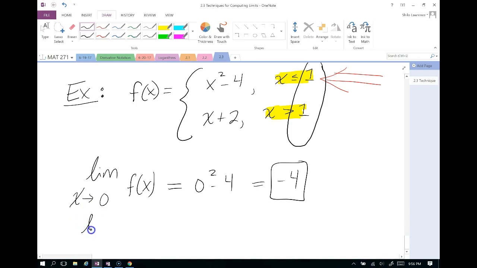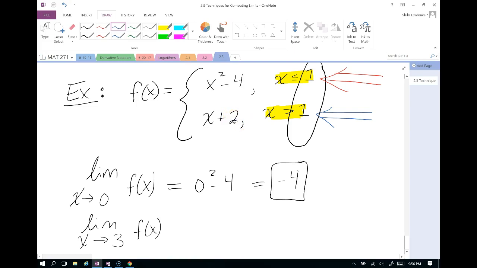Or if we wanted to do the limit as x approaches 3 for this function, we want to look and see what's happening in the neighborhood of x equals 3. In a little arbitrary neighborhood of x equals 3, this function is using the x plus 2 line. x equals 3 is clearly a value greater than 1, so we can approach 3 from the left and from the right by staying on the x plus 2 line.